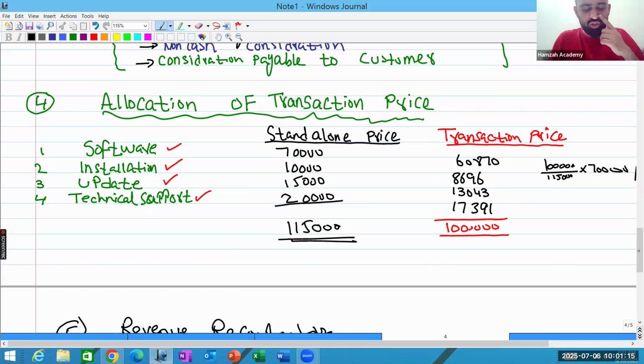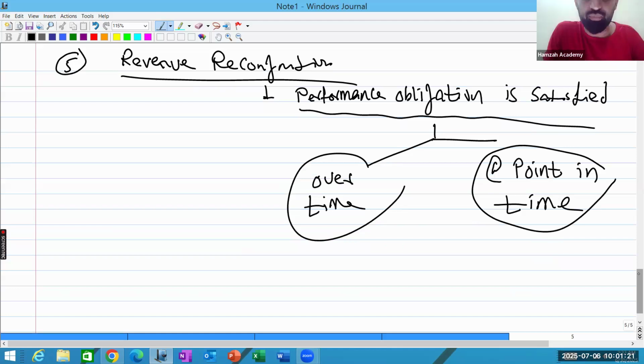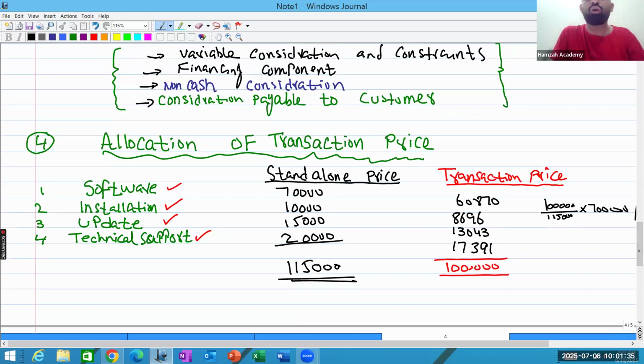In step 4, we allocate the transaction price. And in step 5, we recognize the revenue when the performance obligation is satisfied, meaning when control is transferred, either over time or at a point in time. So this is the 5-step model which we are going to follow in revenue recognition.